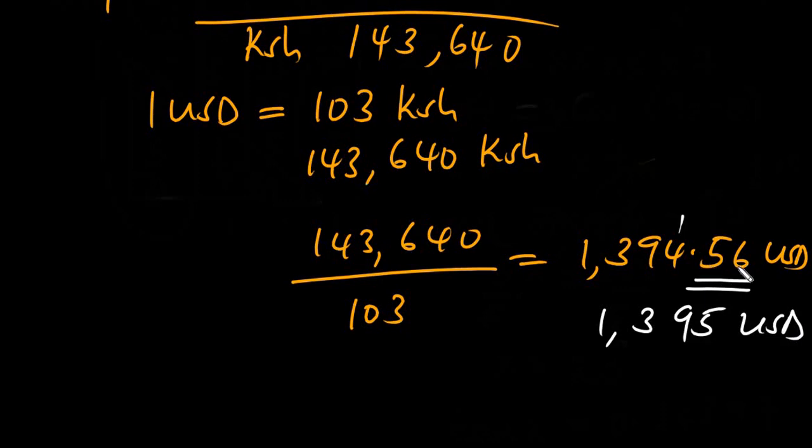If this was less than half a dollar, let's say 0.25, we just ignore it, since it has not reached 0.5, which is half of a dollar. So our answer is now going to be 1,395 US dollars. This is the money that the tourist remained with in US dollars.